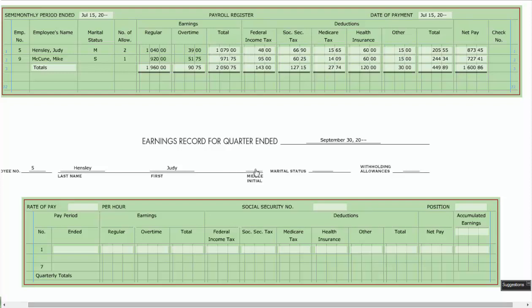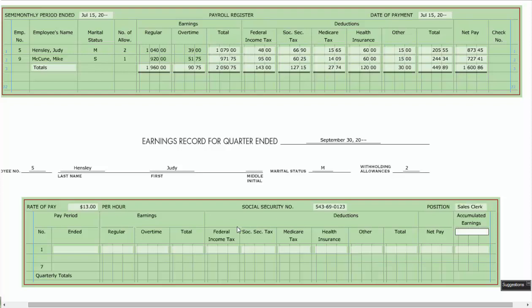Nope, we didn't find anything. That we'll leave blank. Marital status, we know that Judy is married. Number of withholding allowances is going to be 2. Rate of pay is given to us in the directions of $13. Her Social Security number is also given in the directions. And her position is a sales clerk.